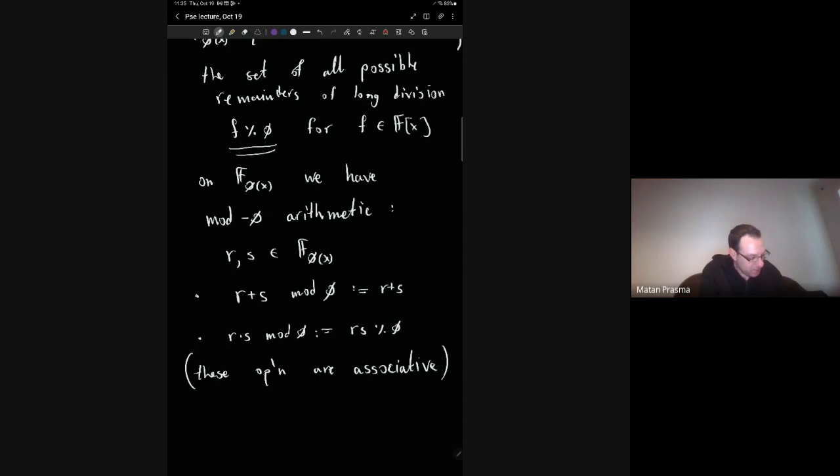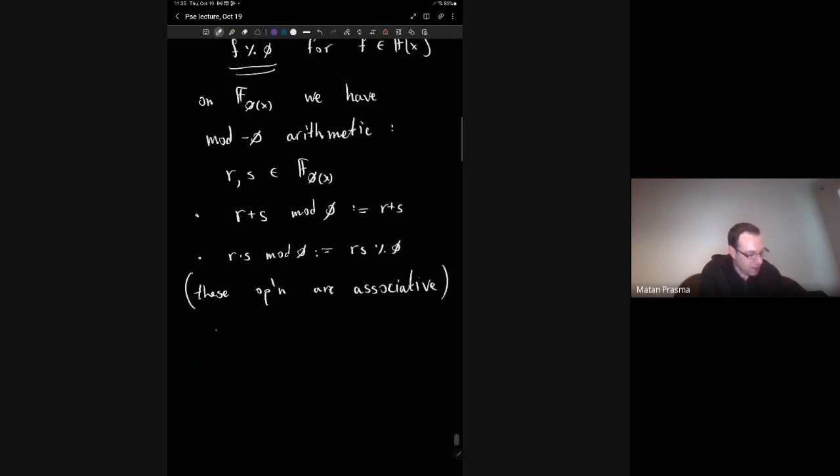For example, let's say you have R equal to F modulo phi, and S equal to G modulo phi.